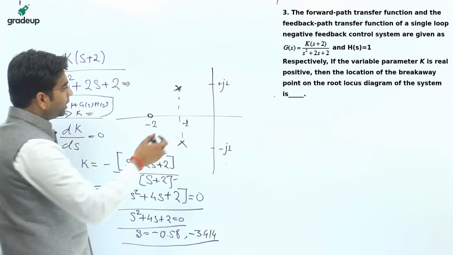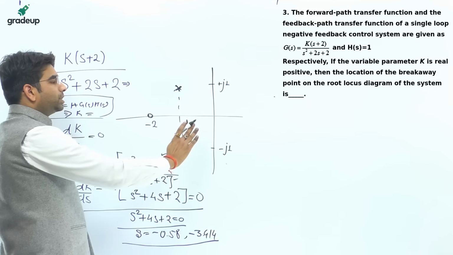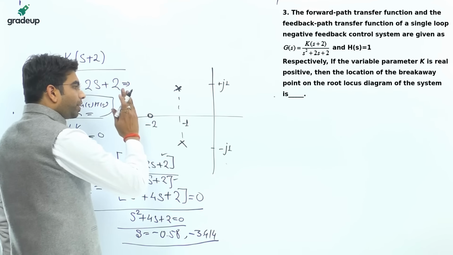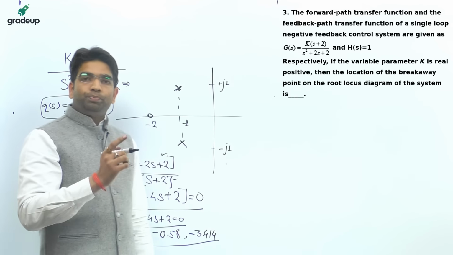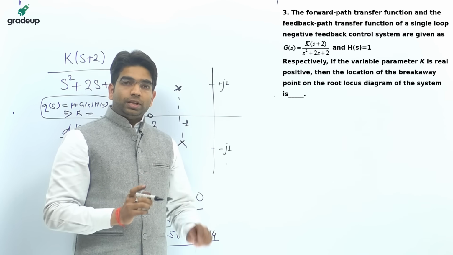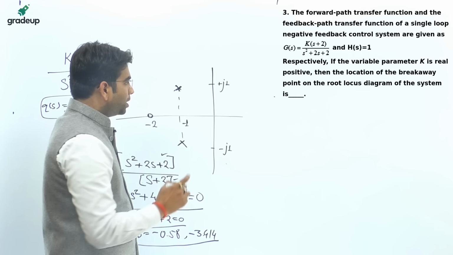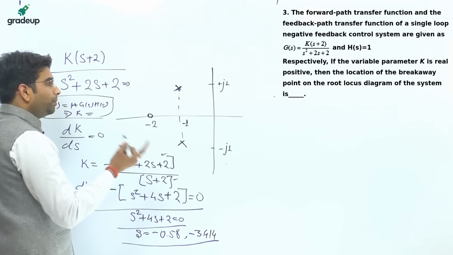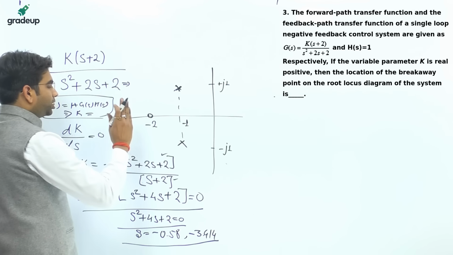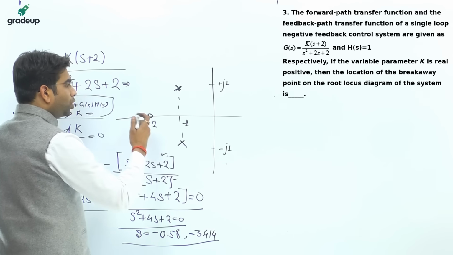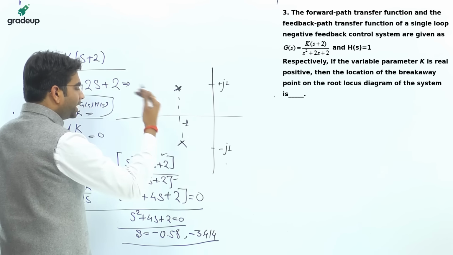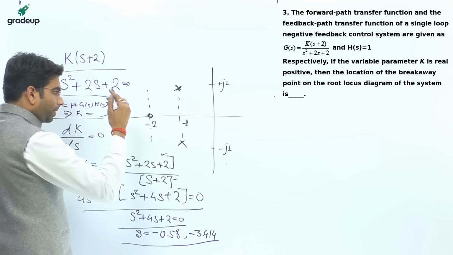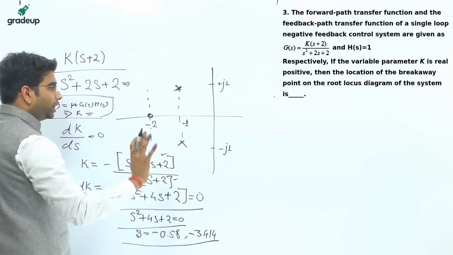Let us see. Root locus lies at those points on the real axis to the right of which the sum of the total number of poles and zeros must be odd. It is for root locus. For complementary root locus, the sum of poles and zeros on the right side must be even.